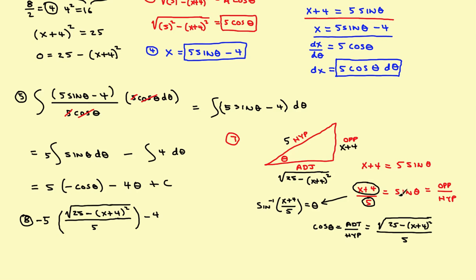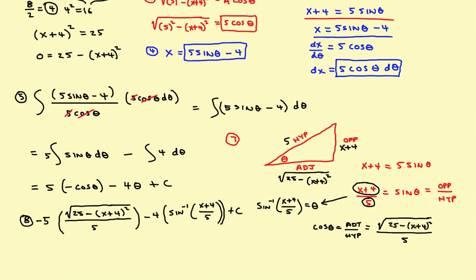So take the inverse sine of both sides, and you've got what theta is equal to. So theta is equal to the inverse sine of x plus 4 divided by 5, and then you've still got the plus c sitting out here. So actually, this is an answer to the problem, but we can go one more step and clean it up just a little bit here.